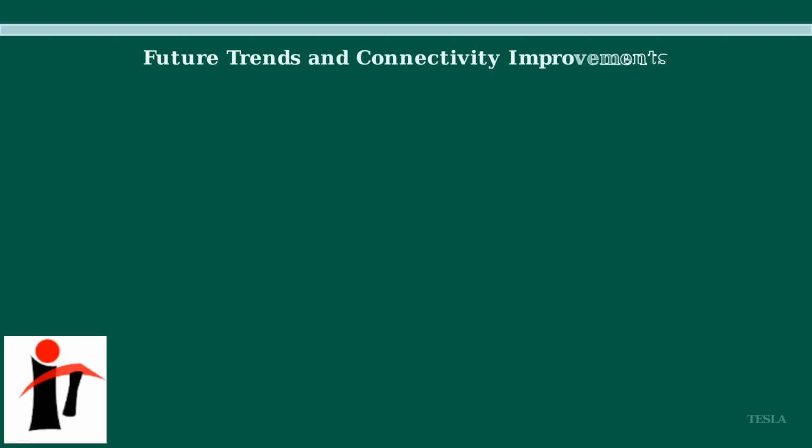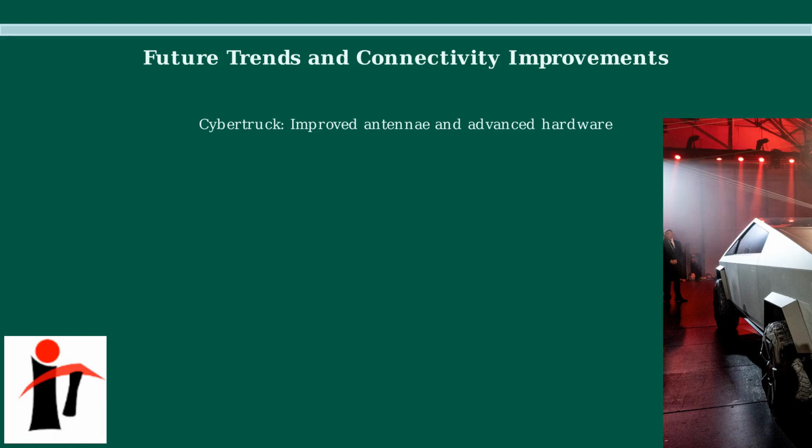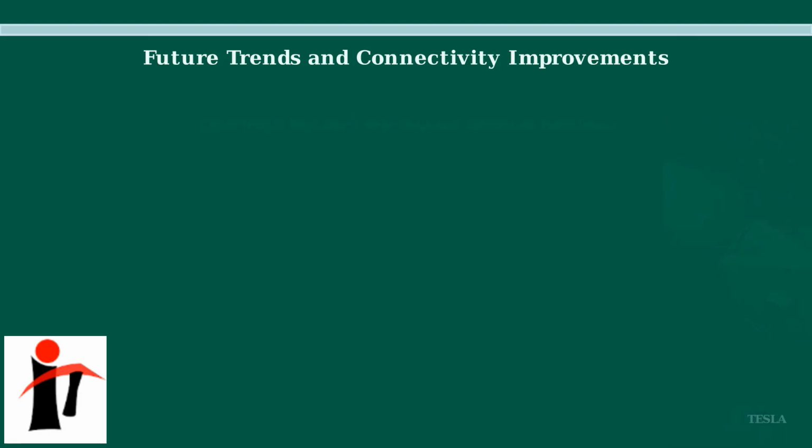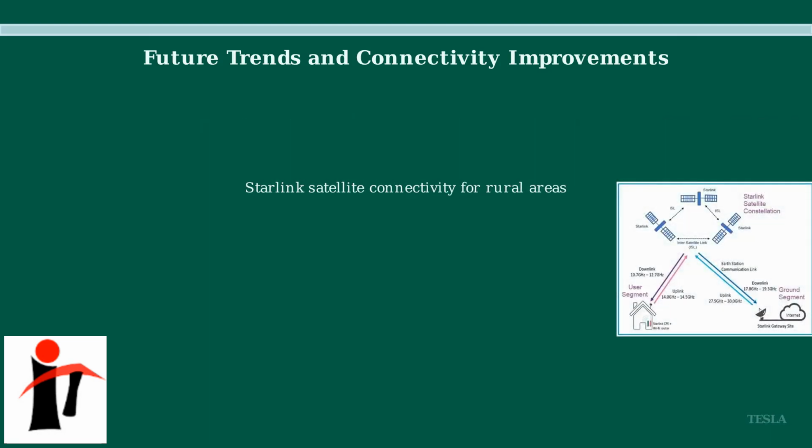Tesla is actively working to improve app connectivity through innovative technologies and future vehicle designs. Future vehicles like the Cybertruck promise seamless integration with improved antenna and 6G-ready hardware, reducing connectivity issues significantly. Tesla is exploring Starlink satellite connectivity to serve rural areas, decreasing reliance on cellular networks and cutting reported issues by up to 40%.